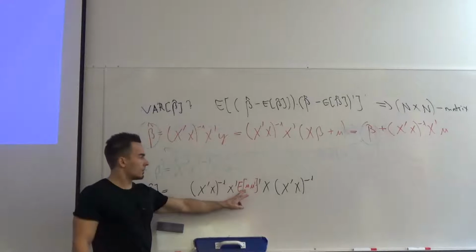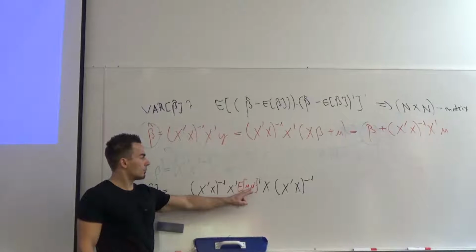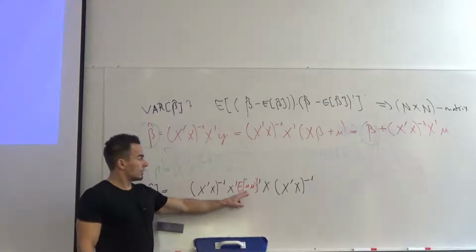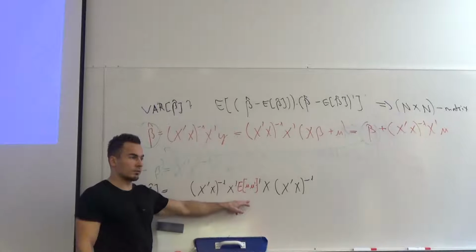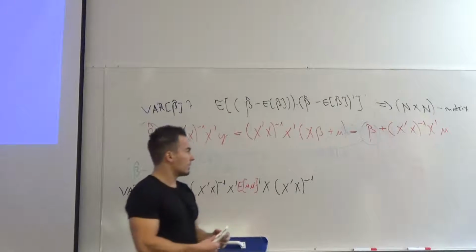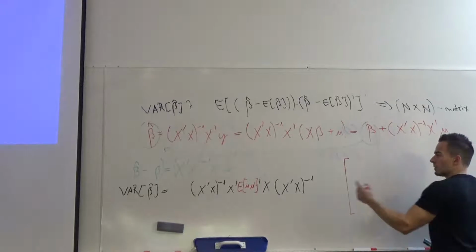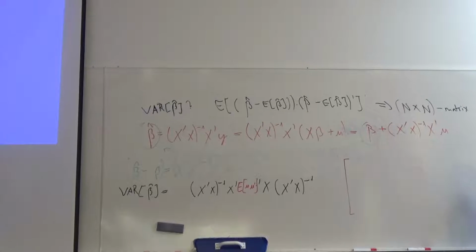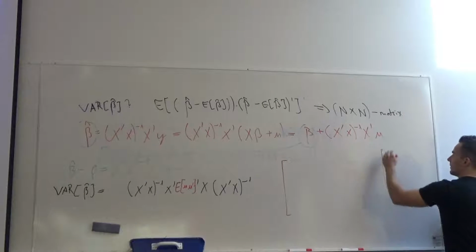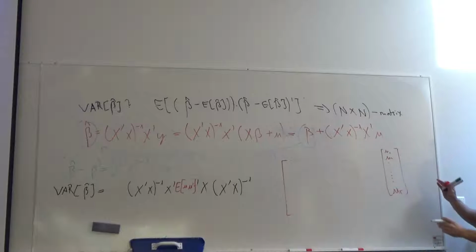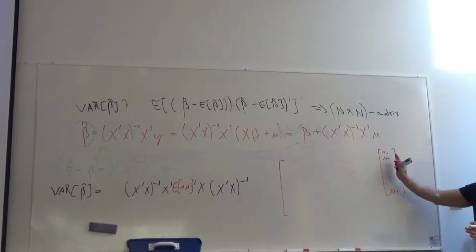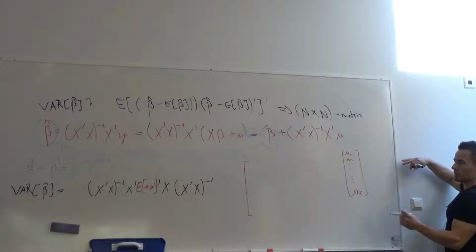So u is a T by 1 vector times itself transposed, which is 1 by T. So the expectation of u times u prime is a T by T matrix. What we have here is a T by T matrix, which looks like that. So if we multiply this guy here with itself transposed, what's the first element?